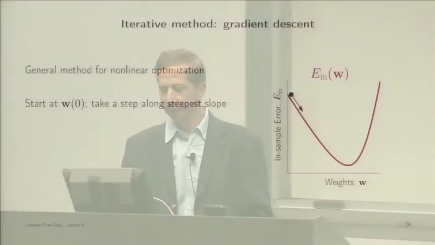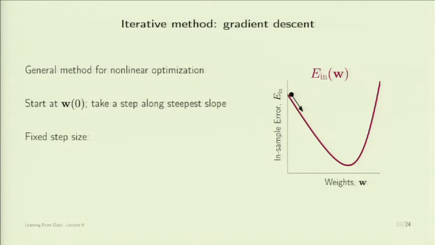Okay, so we go back and we start at W0 and then we look at a fixed step size. So I am at a point, I'm going to move in W space by a certain amount, and I'm going to take it to be fixed and small. The reason I'm doing that is because I am going to apply local approximations based on calculus, Taylor series, and I know this will apply well if the move is not that big.